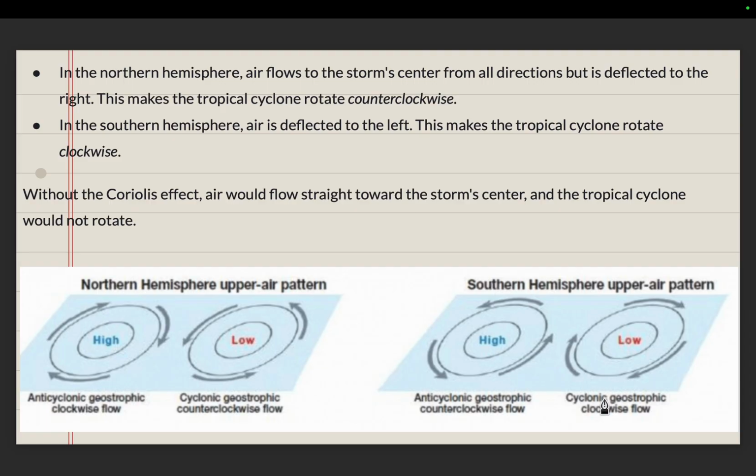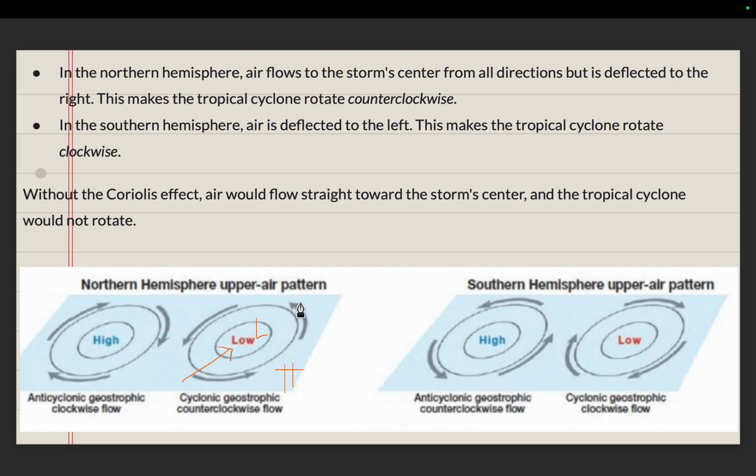Here you can see this more clearly. In a cyclone there is low air pressure in the center and high pressure in the outer region. So from high pressure to low pressure, the air packet will try to go from the outer to the inner region, and this air packet will shift to the right.